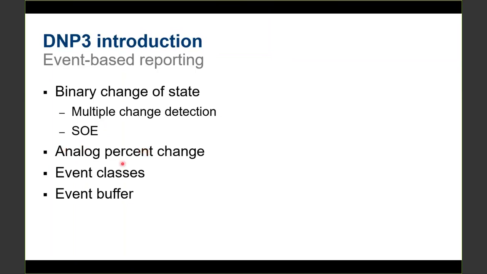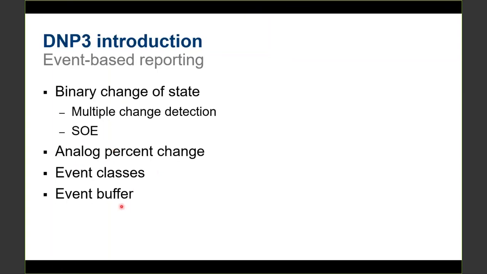The DNP3 also creates the concept of classes. This is a pretty nice feature in the DNP protocol. There are three different classes to allow the master station to send requests and receive a response with only the events, in case the slave station has events in the buffer.